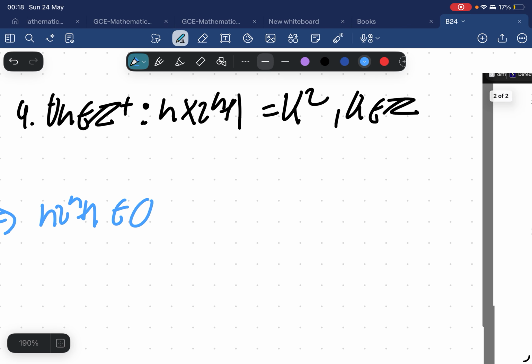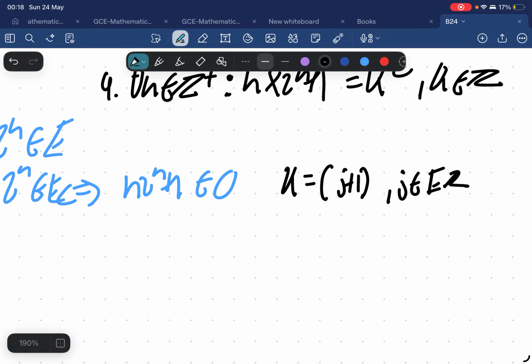So this is going to be an odd perfect square. So we can say k is equal to j plus 1, where j is an arbitrary even integer.